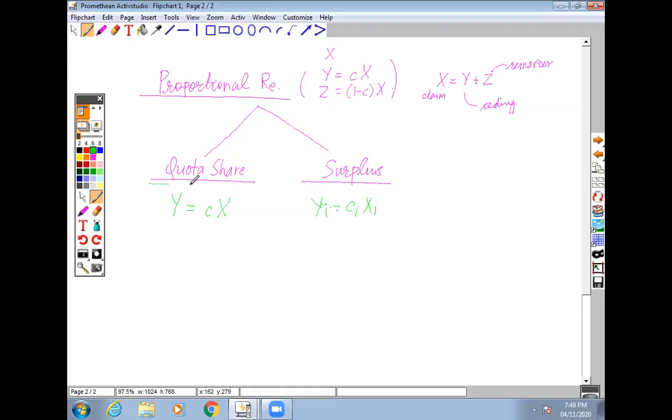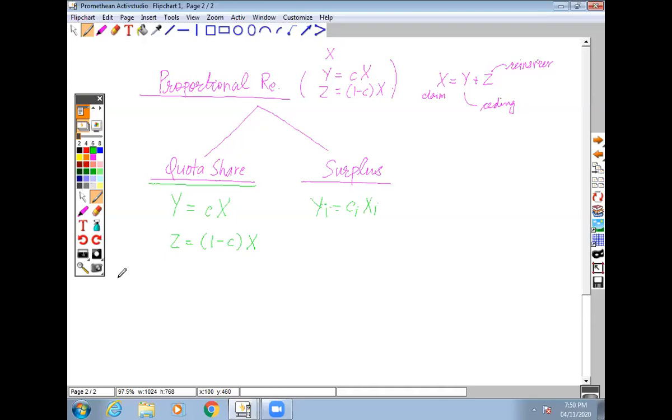We'll look at quota share, because whenever you're looking at surplus, with all of these c's being different, it is complicated to do manually. I mean, not that complicated even, but it's doing all of these individually again and again for the different c's for separate policies, and then adding them up. So again, in quota share, Y is cX and Z is (1 minus c)X. There are certain names given to these things.